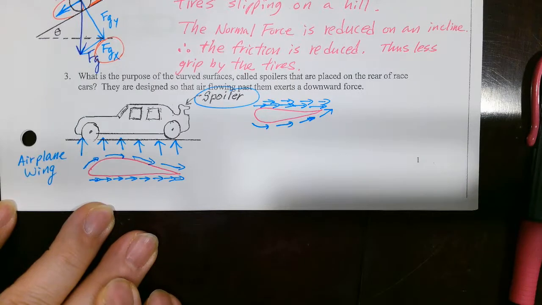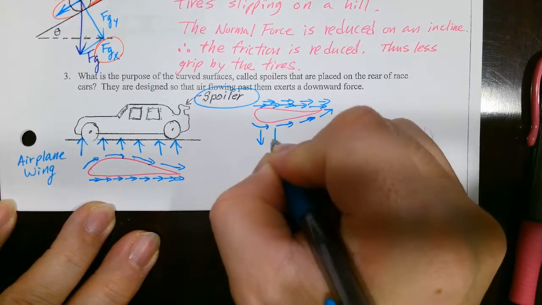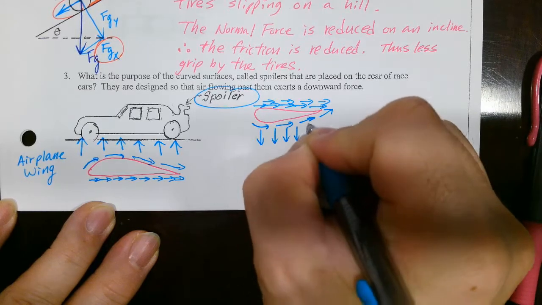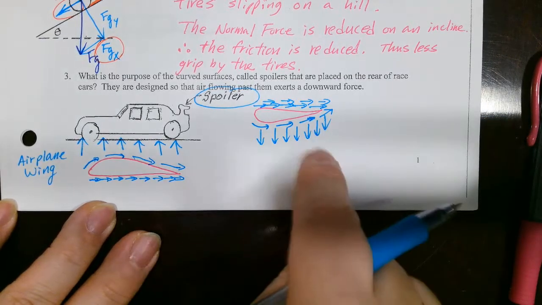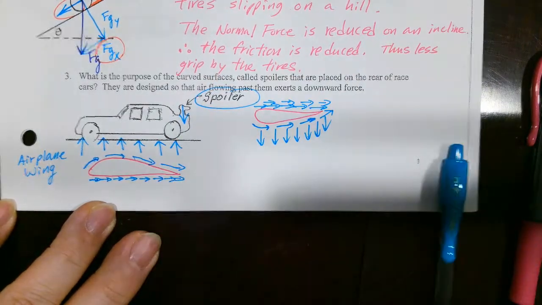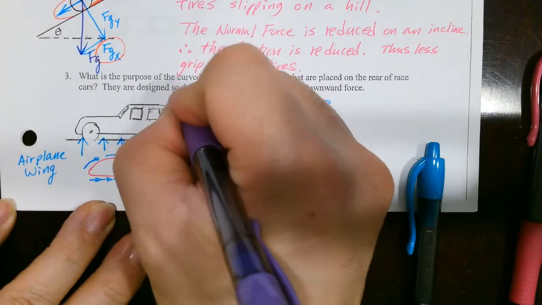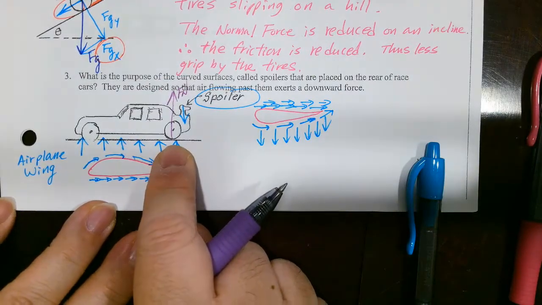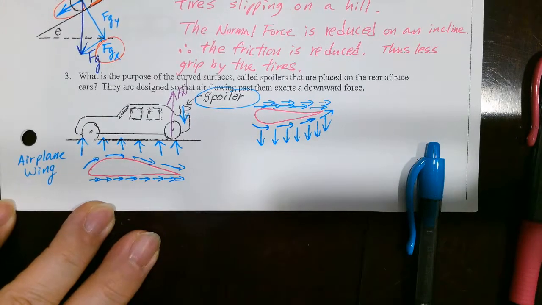So the air will push the spoiler down, opposite of the airplane wing. When this happens, it creates a greater normal force. Your F normal increases, so it gives better traction to your tires.